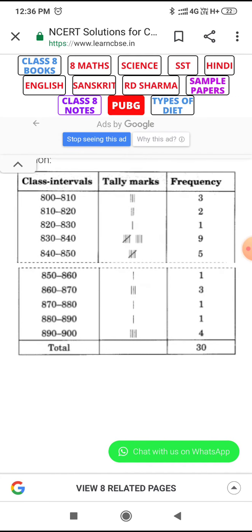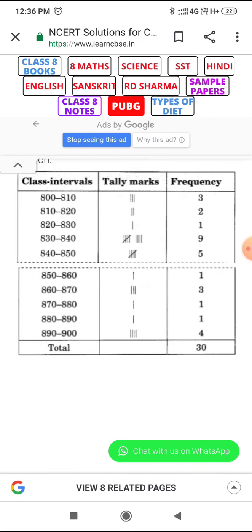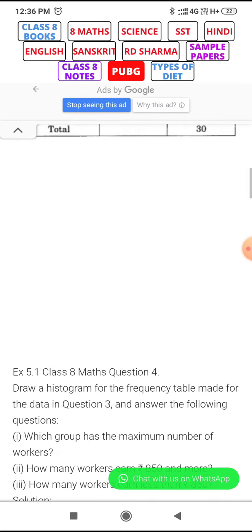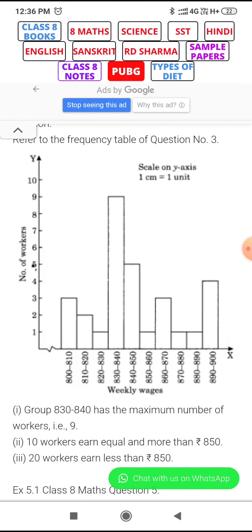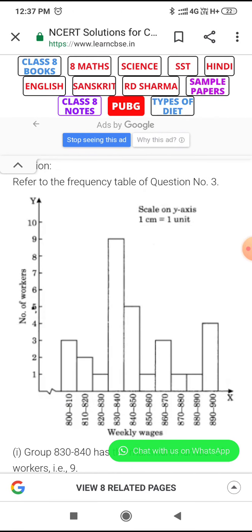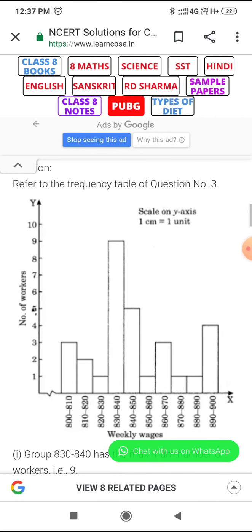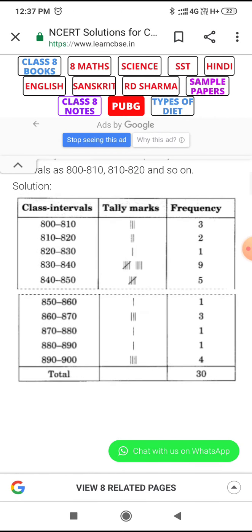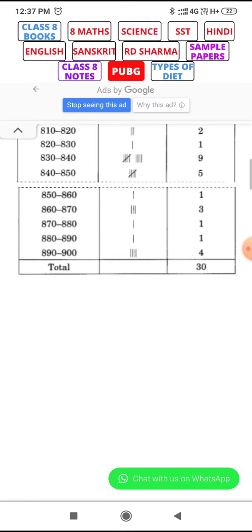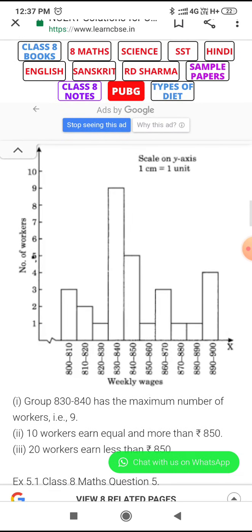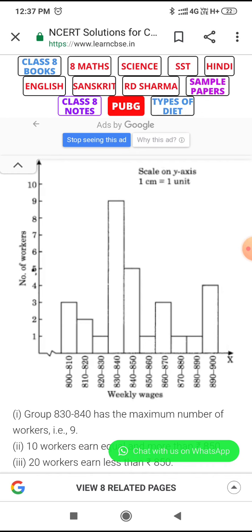In the next class interval, 9 workers are there. So we draw the next bar of height 9 centimeters. In the class interval 840 to 850, 5 workers are there. So we draw the next bar of height 5 centimeters.